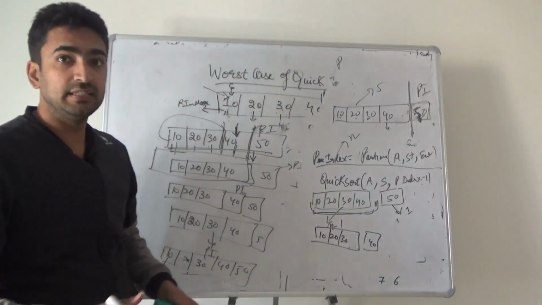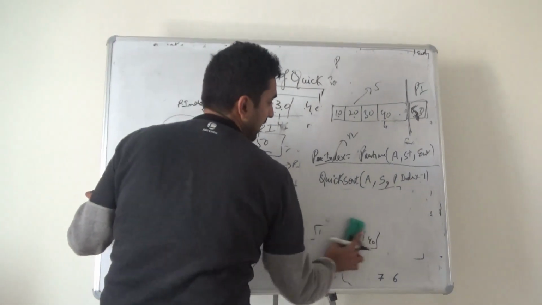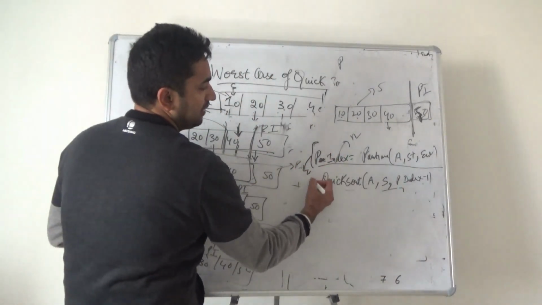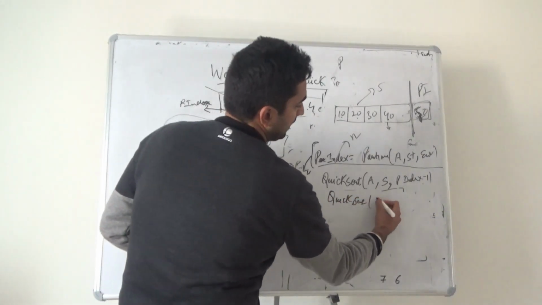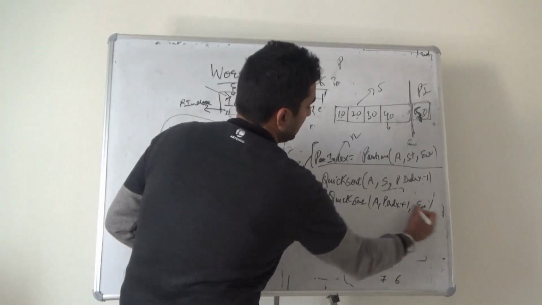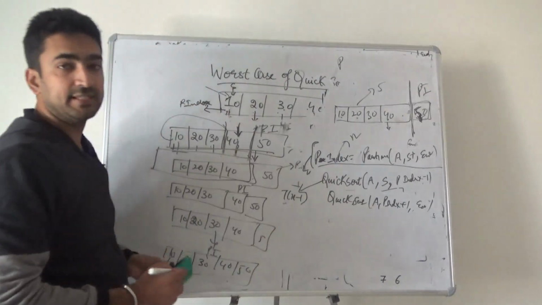So this is something which is getting reduced. Hence the time taken by the partition function is definitely n, but the other part, QuickSort from p index plus 1 to end, is running for T of n minus 1 times.